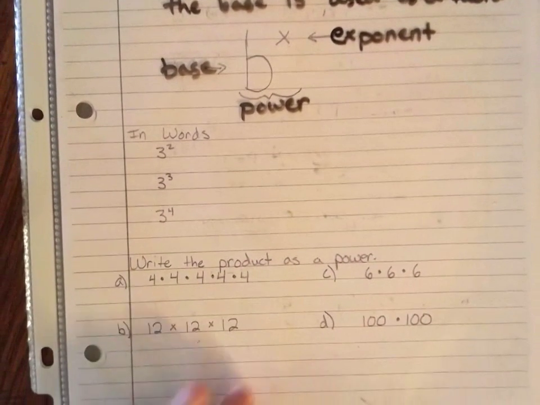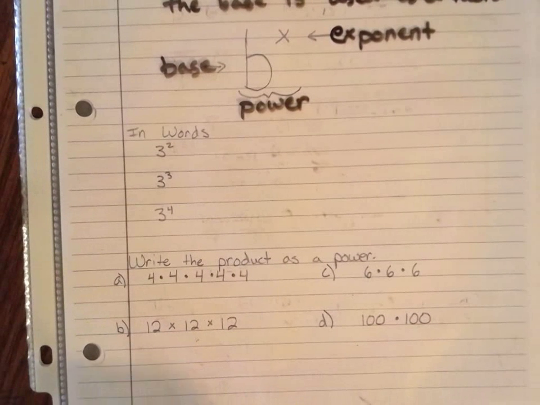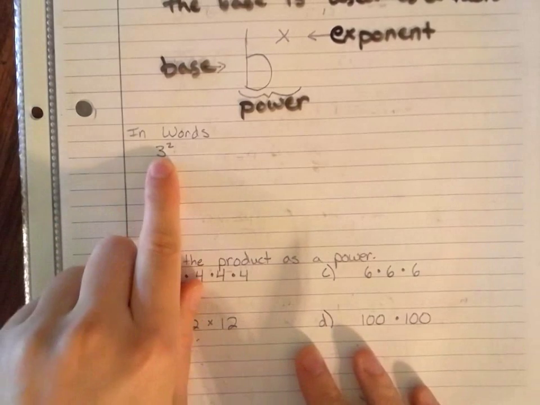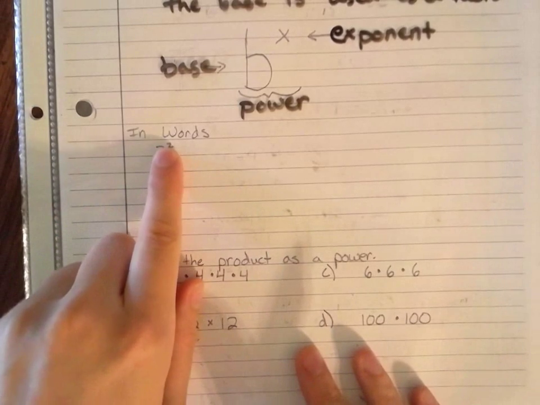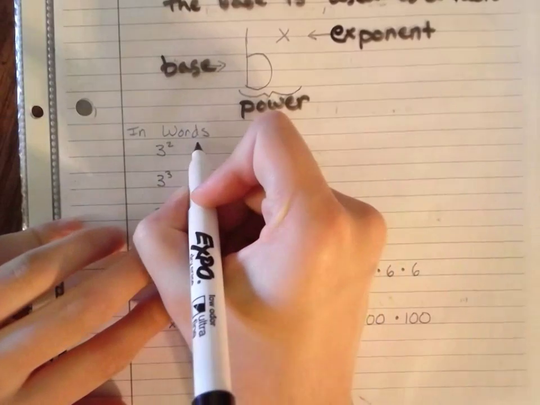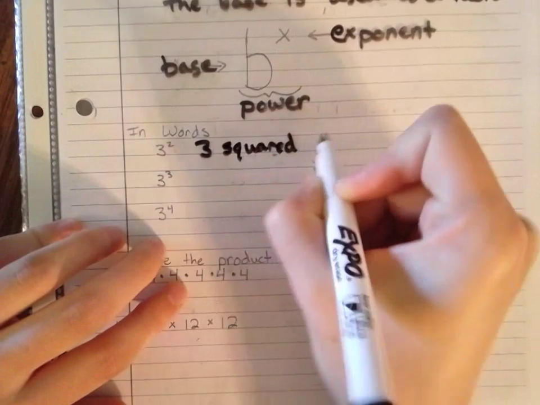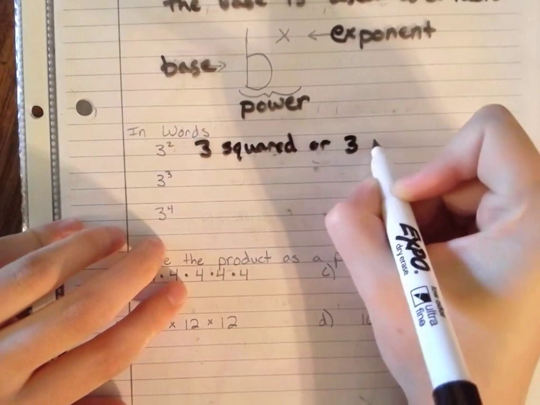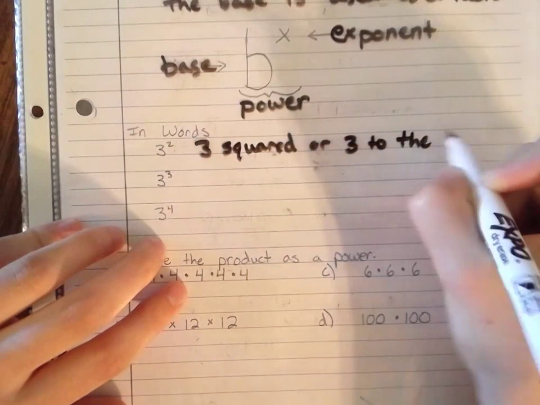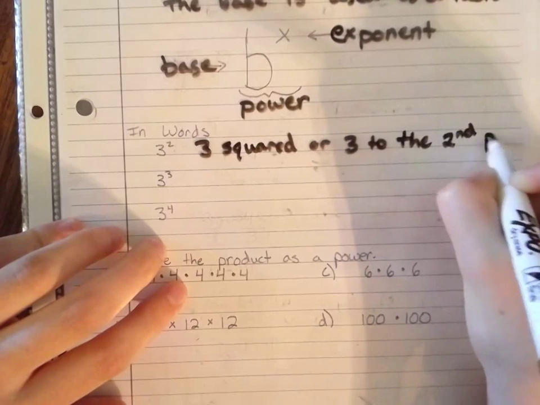So in words, if we are talking about a power and we want to explain it in words, 3 as a base, 2 as an exponent, we can call this 3 squared, or 3 to the 2nd power.